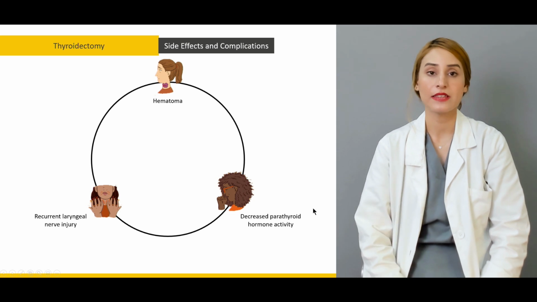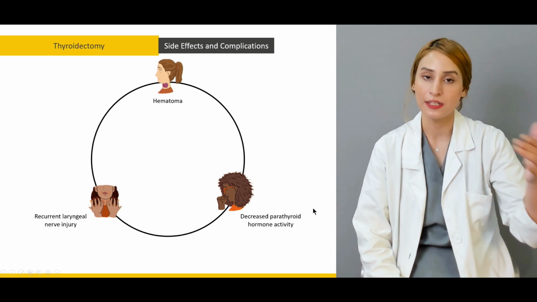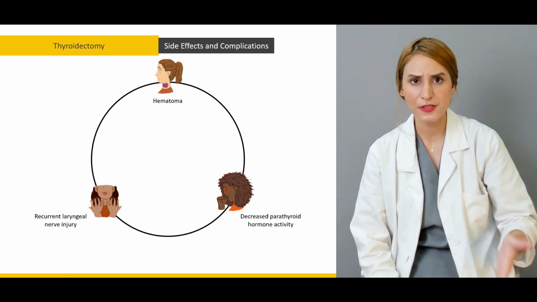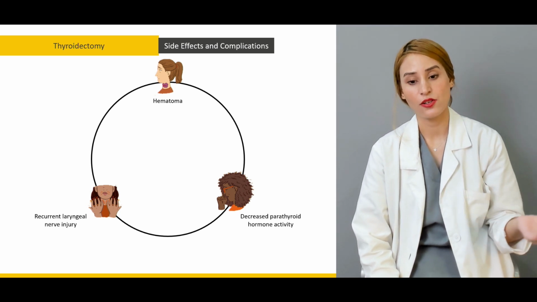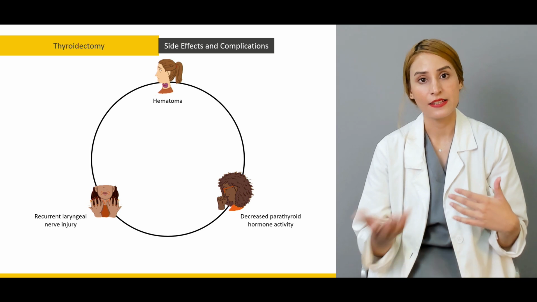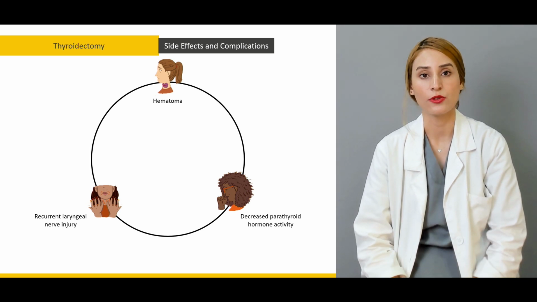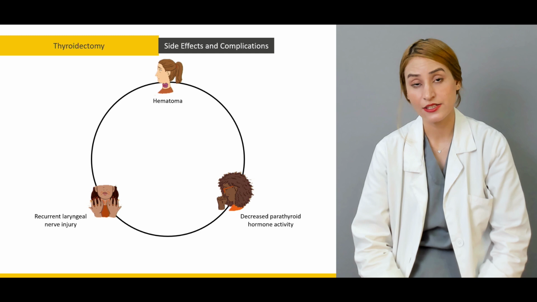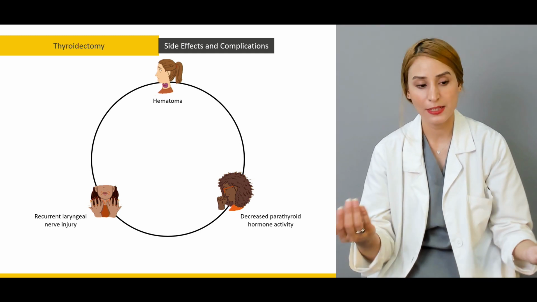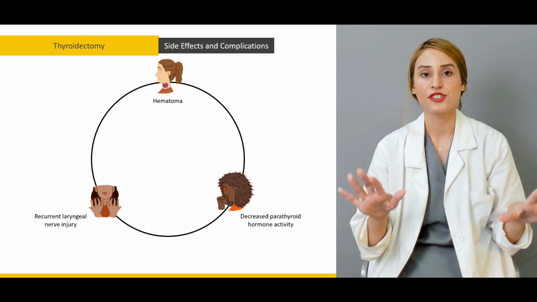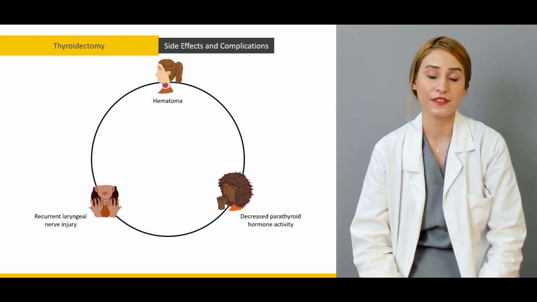Why is there decreased parathyroid hormone activity? In subtotal thyroidectomy, there's a decreased risk of insufficiency of the parathyroid hormone. But in total thyroidectomy, you remove all of the thyroid gland along with the parathyroids, which are just on the posterior surface of the thyroid gland.